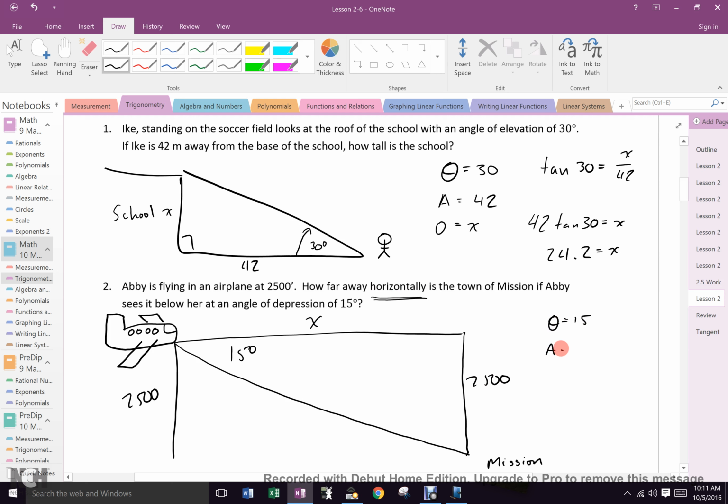Do I have an adjacent? It is X. Opposite is 2,500. What do I need? Tan 15 is opposite, 2,500 over X. When the letter is on the bottom, what do I do? Divide. 2,500 divided by tan 15 gets me X. And what is that answer?